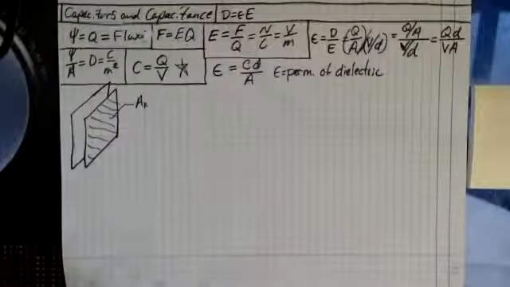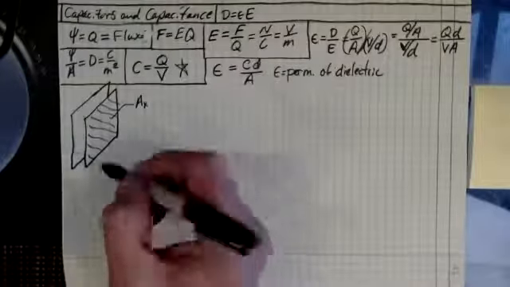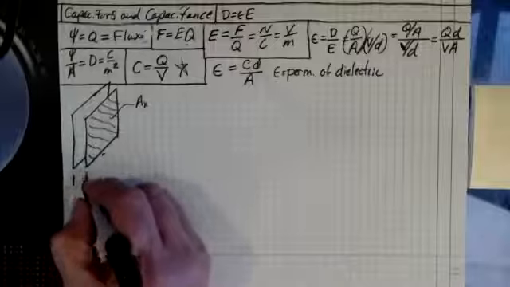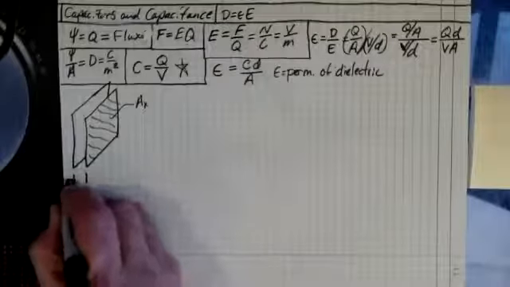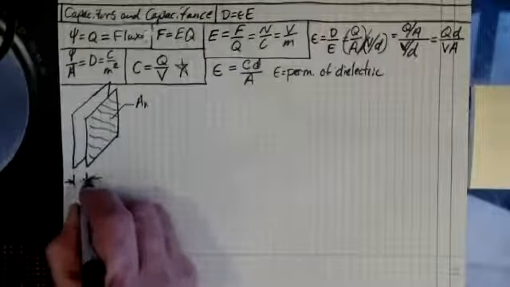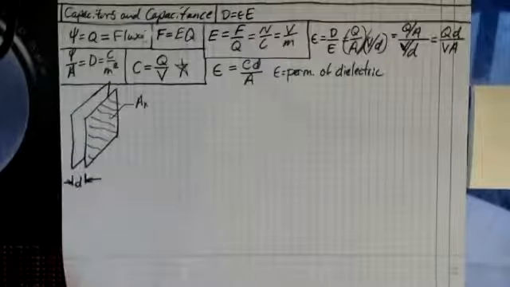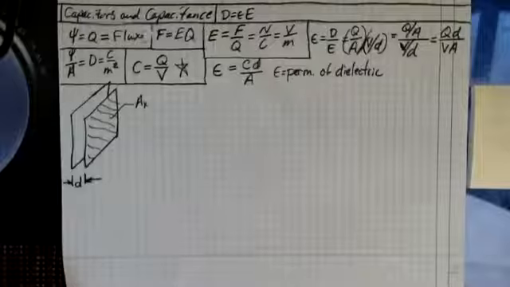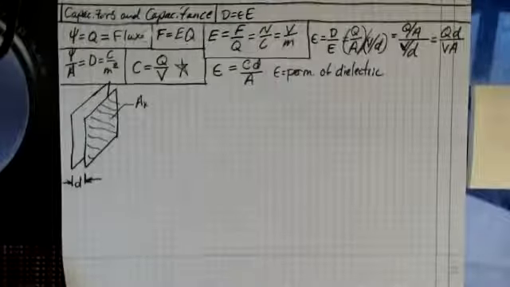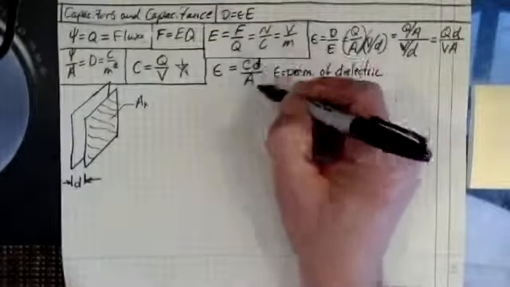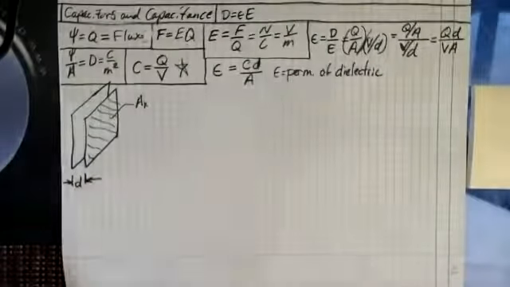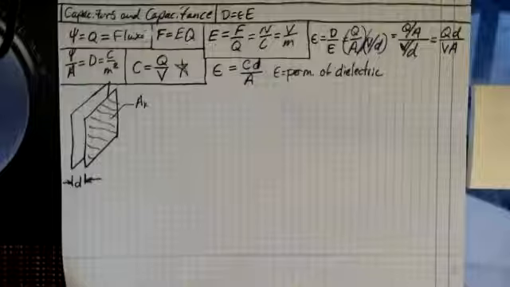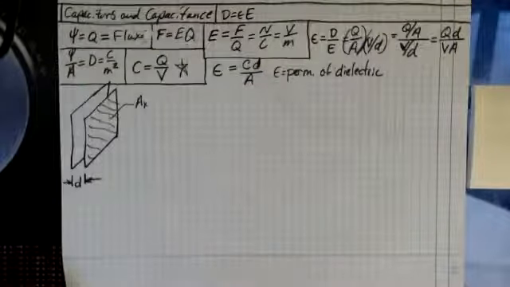And what's d? d is just this distance here, right? The separation of the 2 copper plates in the capacitor. So that's basically the thickness of the dielectric right there, because everything in the middle of those 2 plates, as we know, is dielectric.